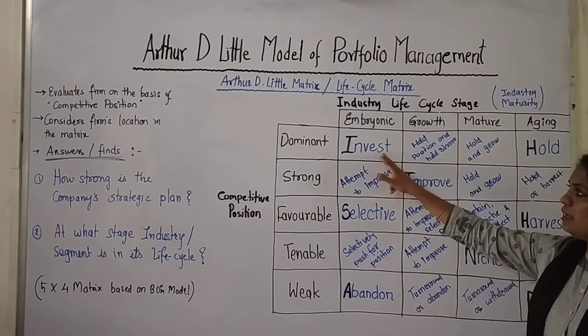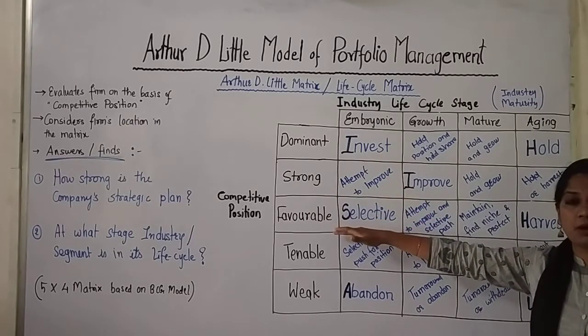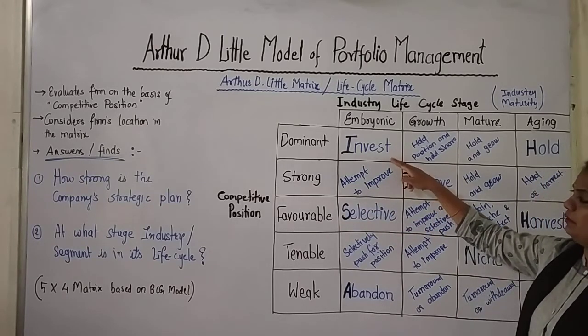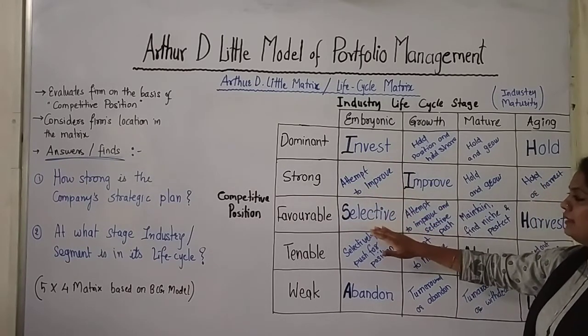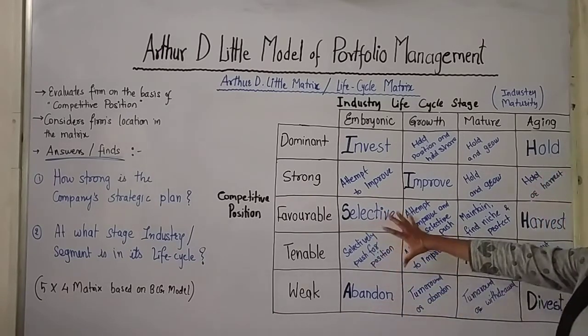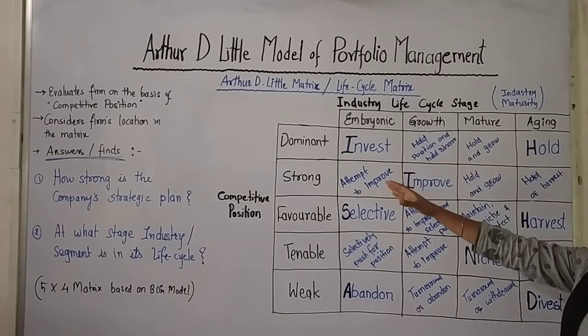As you will see, in the embryonic stage, from dominant position to favorable market position, it will always tell us to keep investing, attempt to improve, and then be a selective investor. The second combination is growth and dominant.